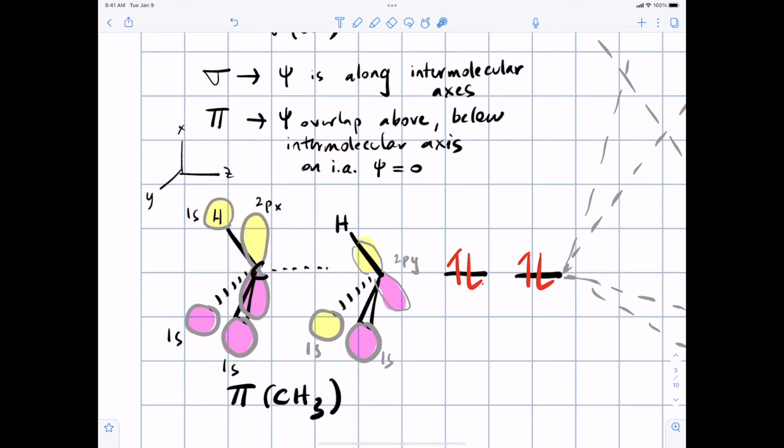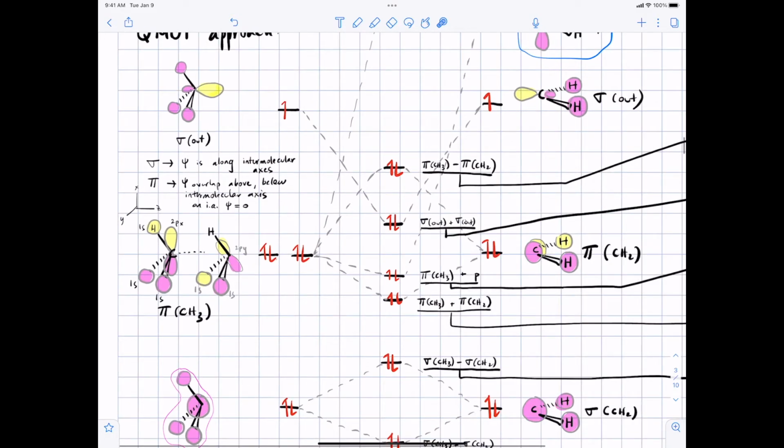In contrast, this one comes from the 2px. So they can combine the 2px and the 2py. These two don't combine with each other. These two are equal in energy orbitals that have different shapes, and you're going to make bonds with both of them.